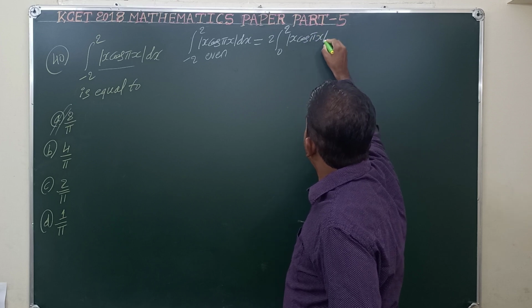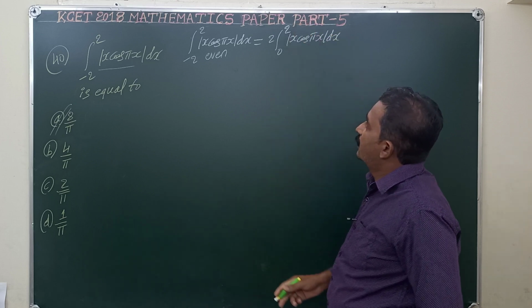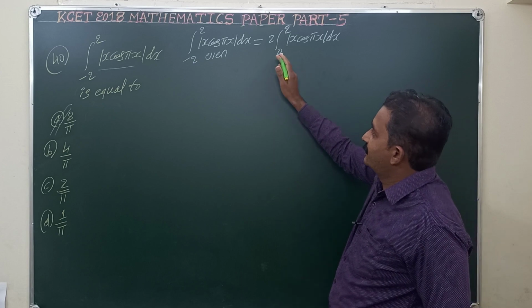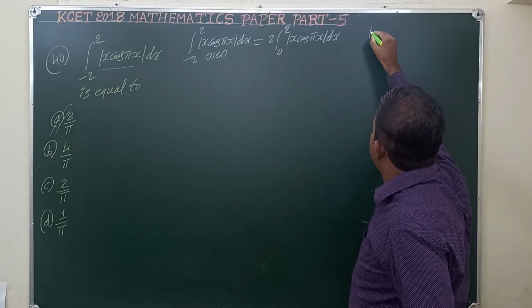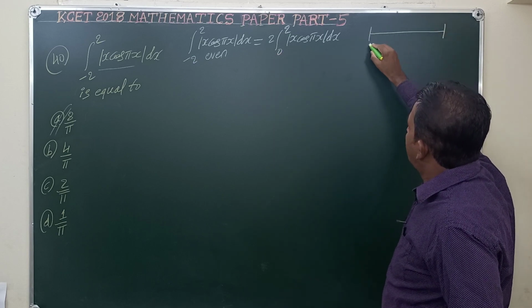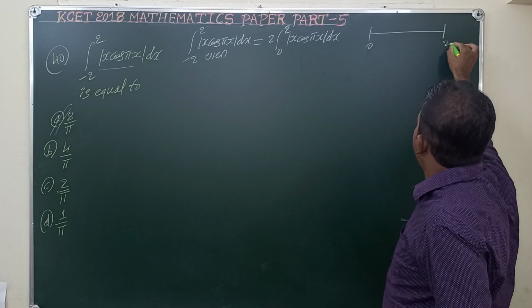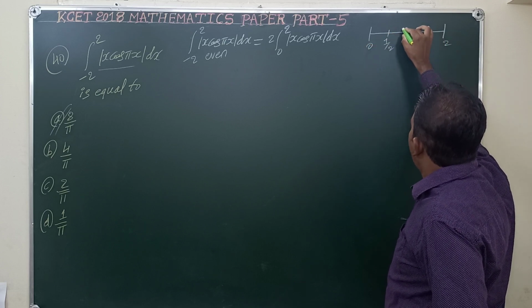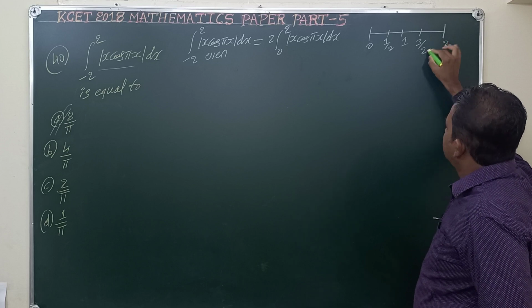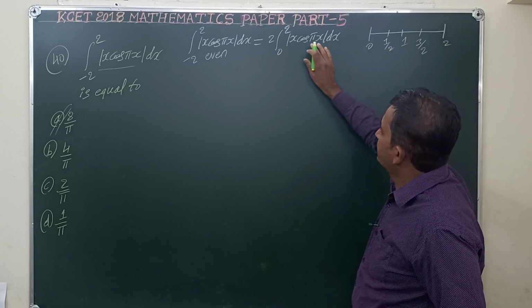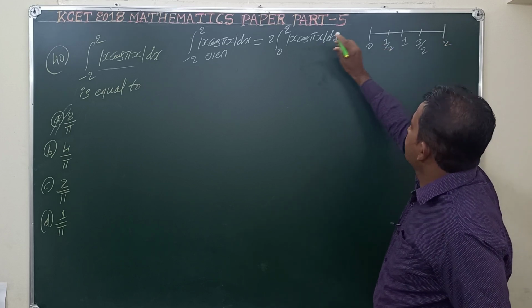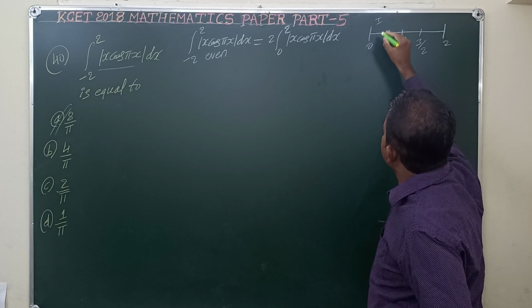Then split this interval at some points. For the interval 0 to 2, split at the points 1 by 2, 1 and 3 by 2. From 0 to 1 by 2, this is in the first quadrant, where cos pi x is positive.